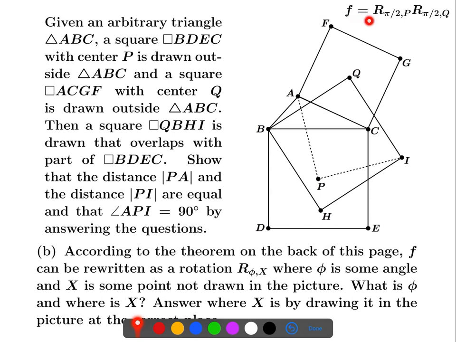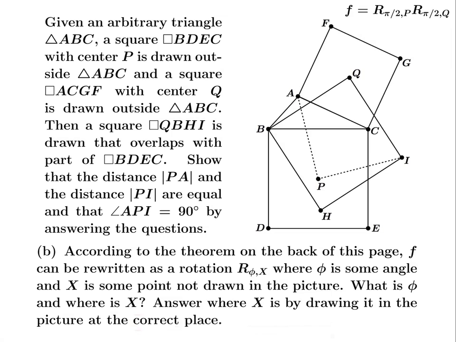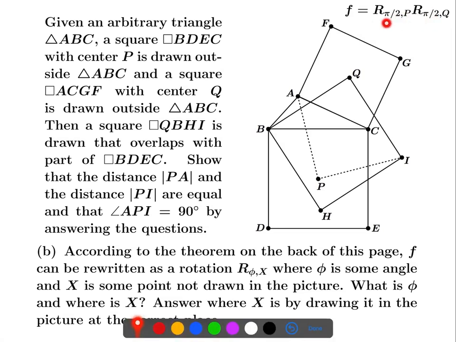So I put the rotation we were talking about up here, and now the problem is to look at the theorem we were just discussing before we started this problem and notice that this product of rotations has to be a rotation because the sum of the angles is pi halves plus pi halves, which is pi, and pi is not an integer multiple of 2 pi.